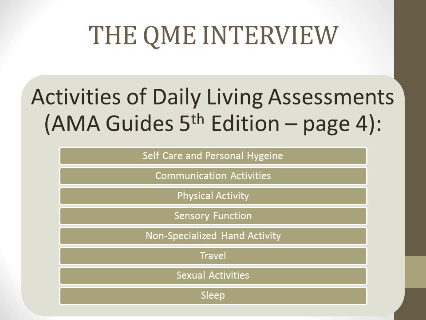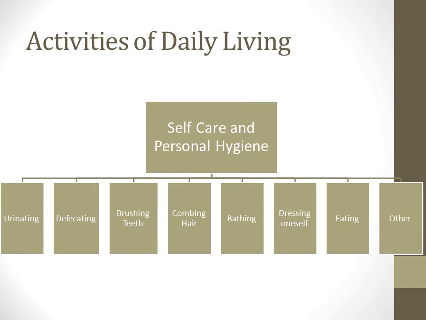So, for example, with self-care and personal hygiene activities, there are 8 separate possible sub-activities described in this major heading of self-care and personal hygiene. And these are all described in the AMA guides. So this would include activities such as urinating, defecating, brushing teeth, combing hair, bathing, dressing oneself, eating, and then other.